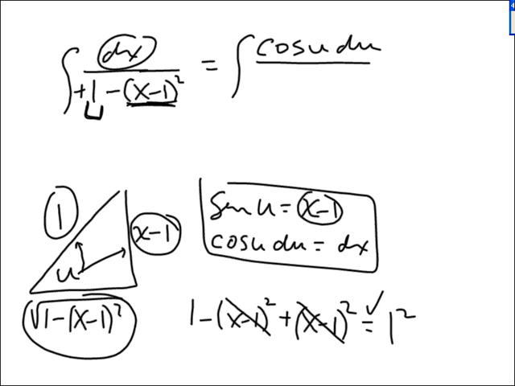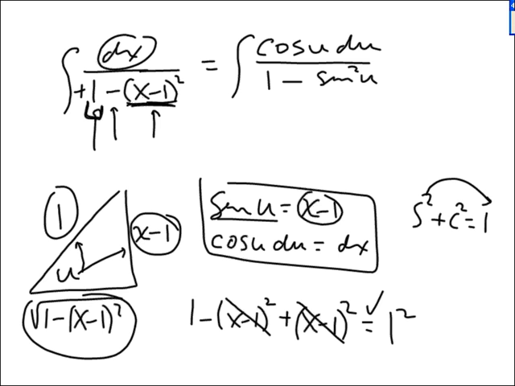And in the bottom, I have 1 minus, I have the 1, I have the minus, and then I have this, x minus 1 squared. But x minus 1 is sine u. That's like writing x minus 1. Then I square it. Well, remember, sine squared plus cosine squared is 1. Bring this to the other side.